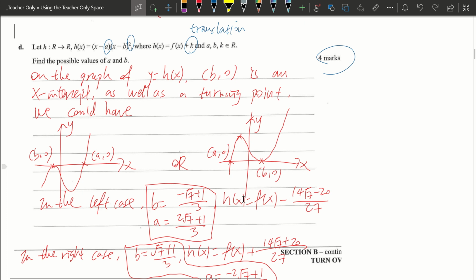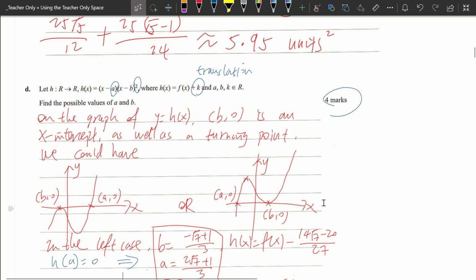So I type this function into my calculator and solve for h of x equals 0 to find a. And then I should write that down. So what I did here is I solved for this, and I got to a equals this number here.